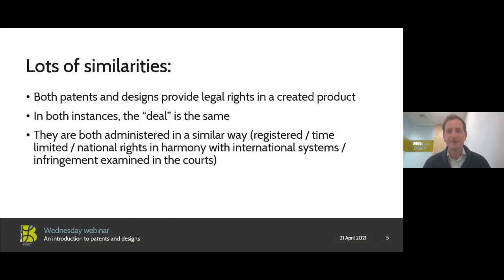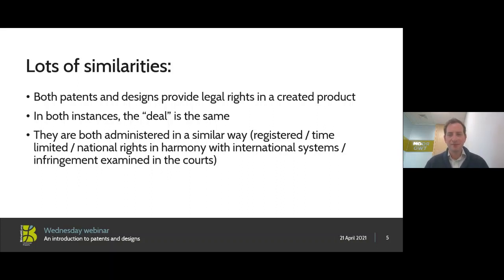And if IP registrations didn't exist, then you'd just be sharing it and people could copy it willy-nilly wherever they liked, provided they had the apparatus to make the product or do the method.